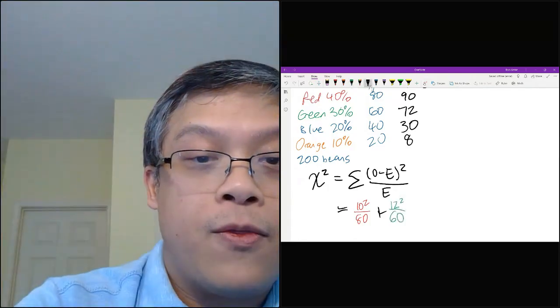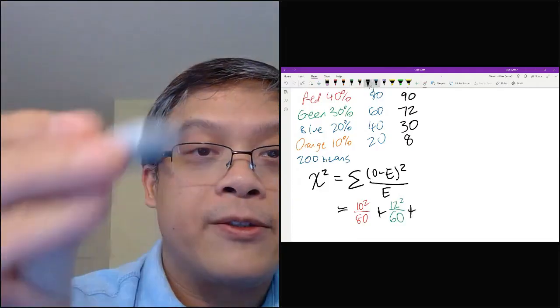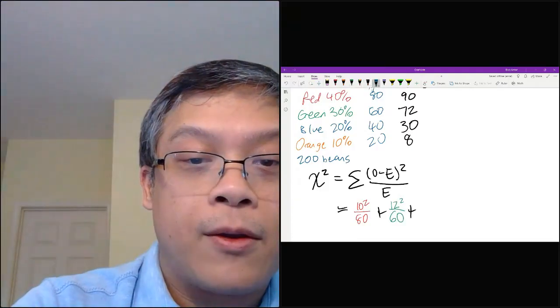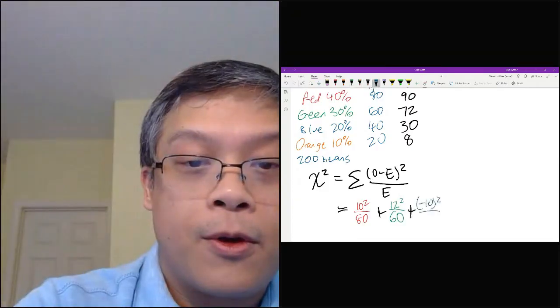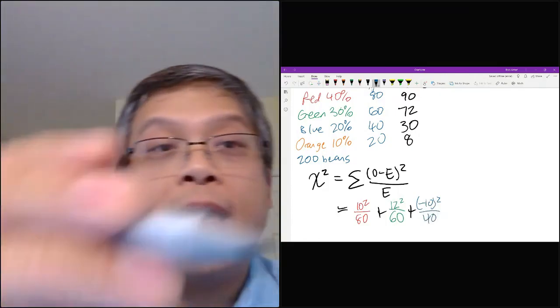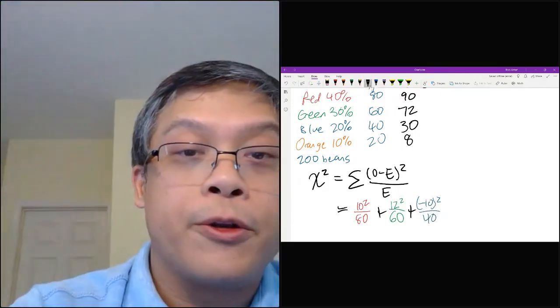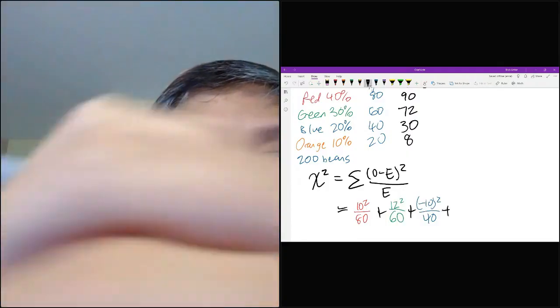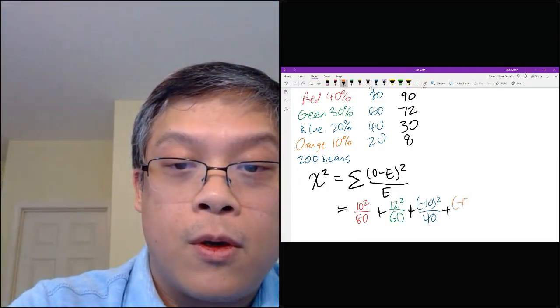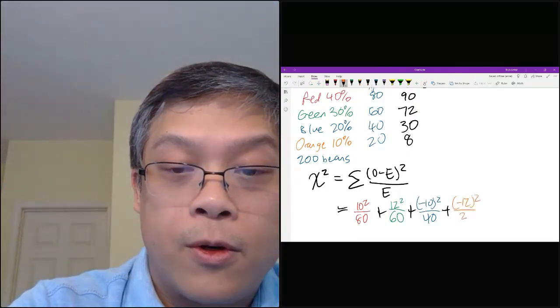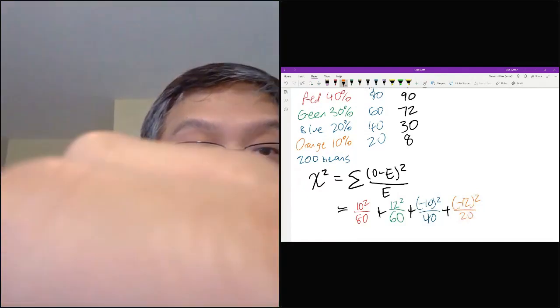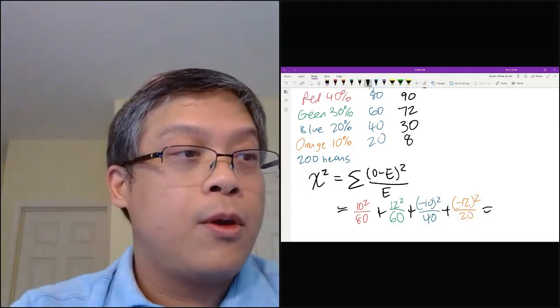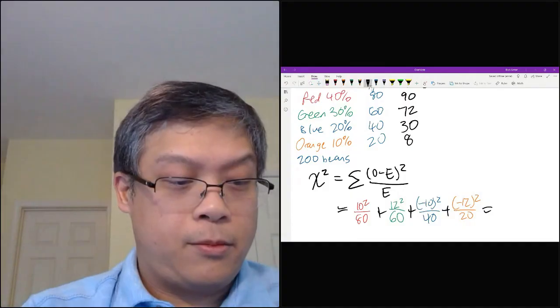And then for the blue jelly beans, that is a negative 10 quantity squared over 40. And then for the orange beans, it is another negative 12 squared over 20. Okay. And so we're going to add all those numbers up.